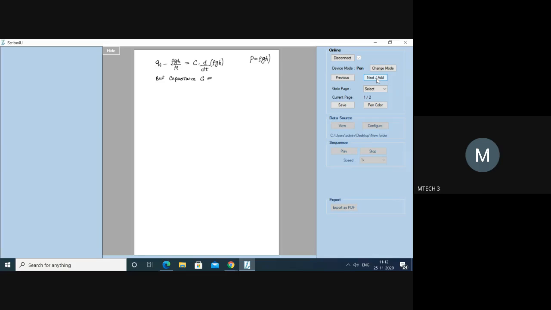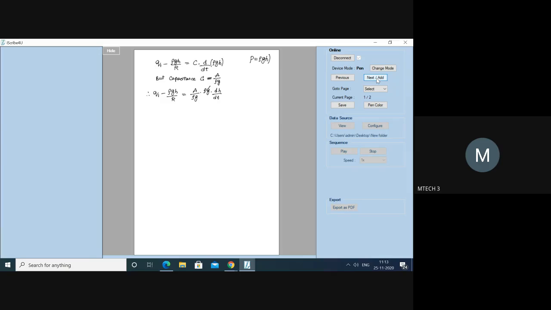What is this constant? What have we replaced? Go back to the second one. A by rho into G. Correct? Therefore, Q1 minus rho GH by R is equal to, in place of C, you write A by rho G. In this case, rho G is constant, dH by dt.